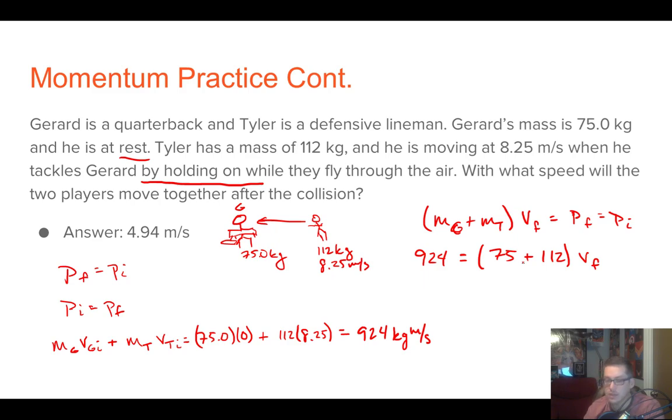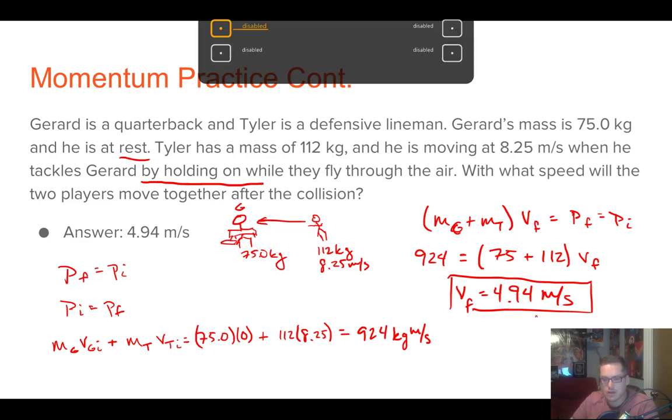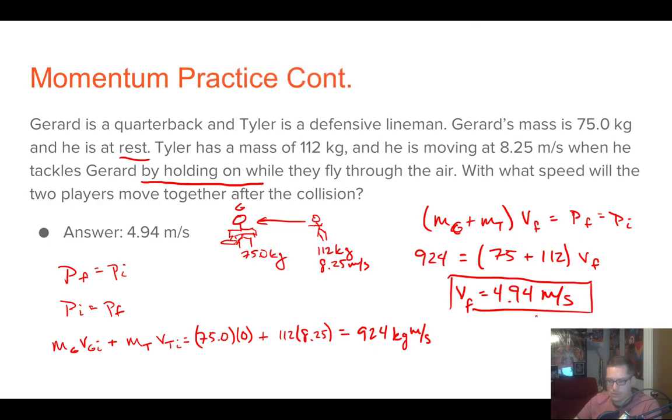We get 4.94 meters per second. So the velocity final equals 4.94 meters per second. So Tyler came in there, barreling through at 8.25 meters per second, slammed into Gerard, hung on to him, and then they were flying backwards at 4.94 meters per second.